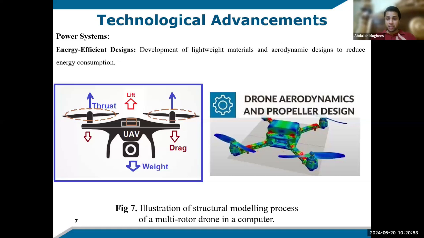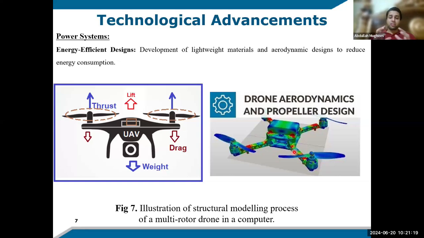For example, this is the arm of the quadcopter system. If the rotor is generating so much force, there is a probability that this arm will break. So what we do is simulate everything and design a structure with specific dimensions that can withstand all that weight and perform all types of maneuvers that we expect it to do.